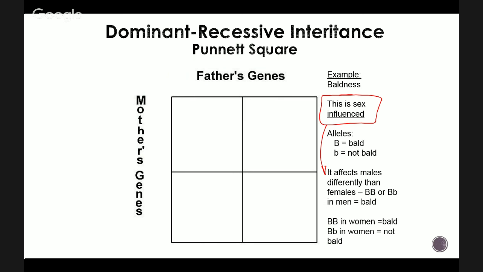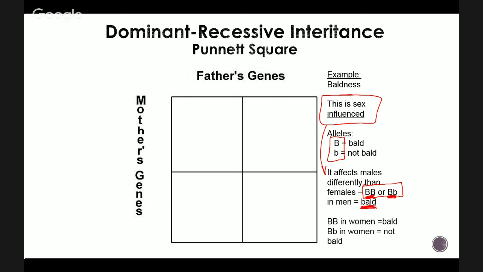So if you look at these alleles, a capital B is bald, a lowercase b is not bald. So if a male inherits these allele pairs, either homozygous dominant or heterozygous, the male will be bald.